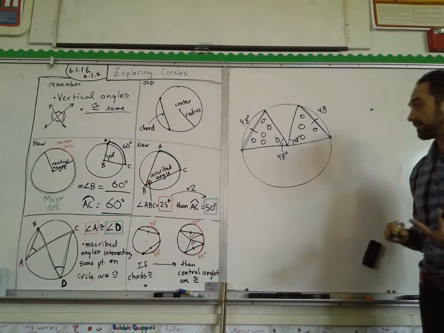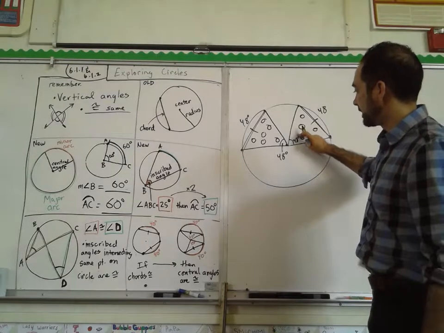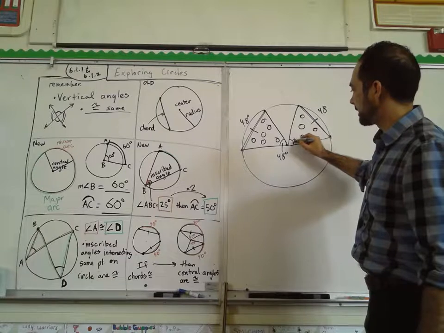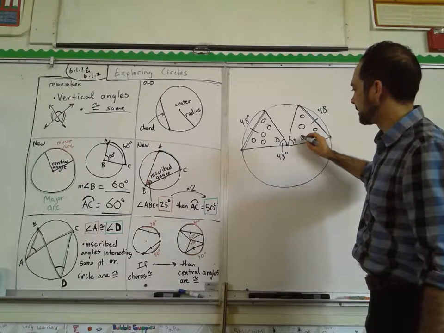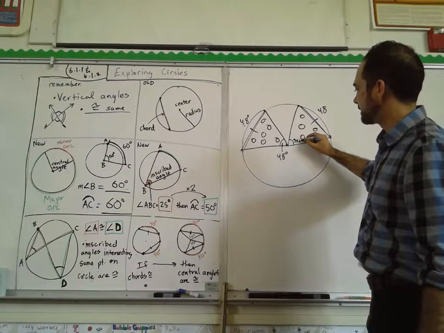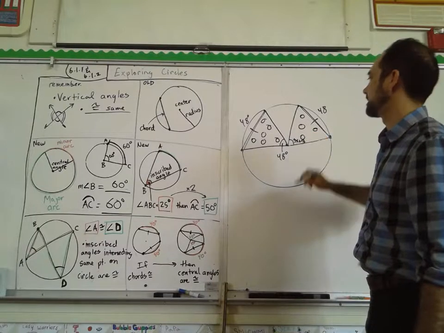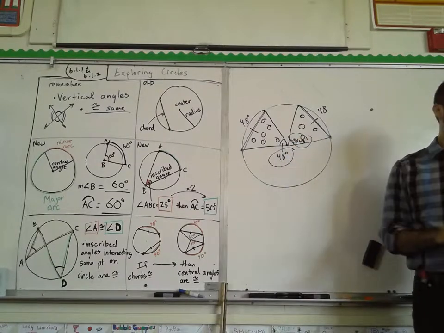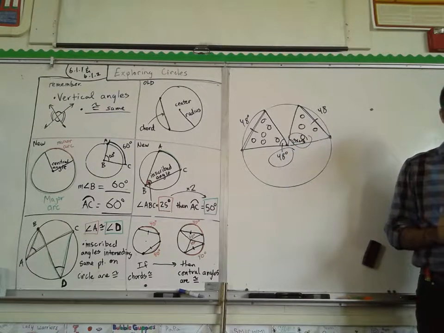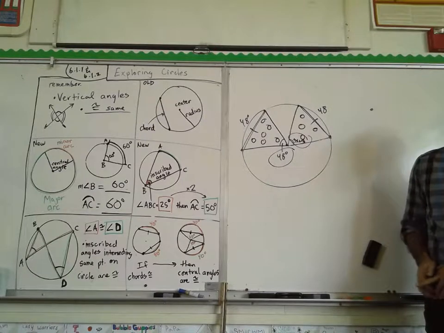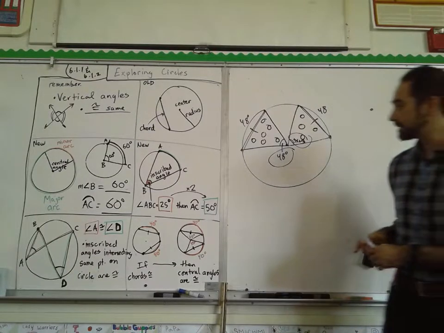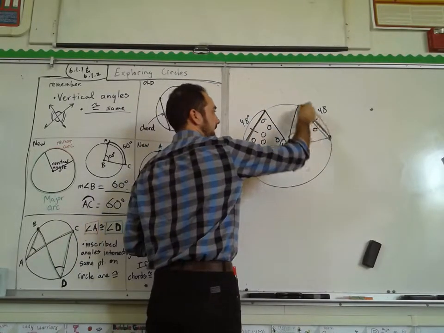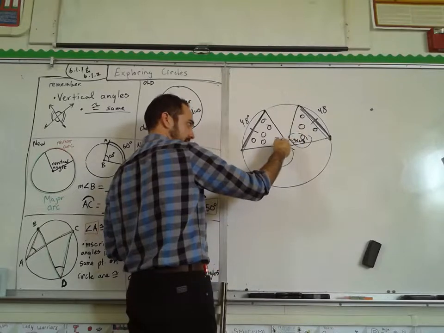If I had this situation and I didn't know this was 48, but I knew that it was 3x plus 3, what can I do with those two angles? With this one and this one? Almost. Thank you. Because we know that they have the same length of these chords, that tells me that the angle must have opened the same exact amount. So these are congruent.